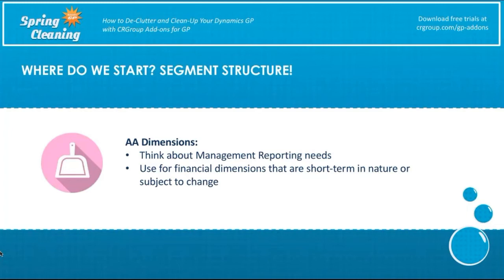If you do analytical accounting and you need to budget against analytical accounting, you're probably going to need our budget import tool, but you also need to recognize that it creates a second layer of budgeting, because now you have a GL budget that sits in the GL, and then you have this analytical accounting type budget that sits in analytical accounting. So just be careful on the AA side that you've thought through the budgeting requirements before you press the button on that.